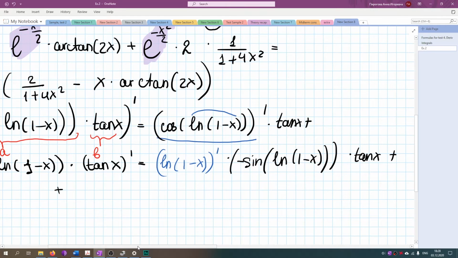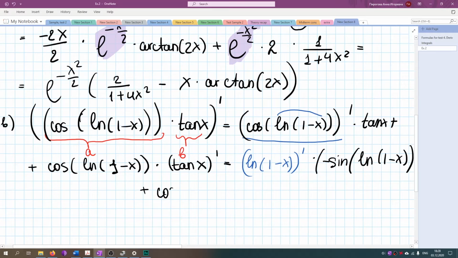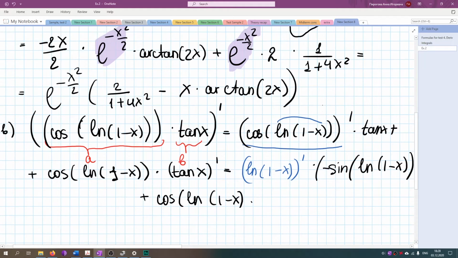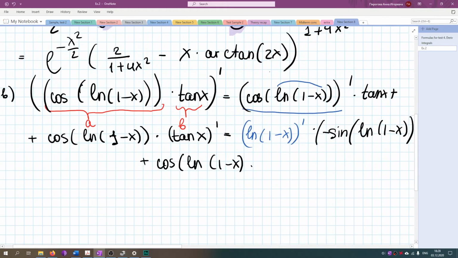Then we will rewrite our expression, and speaking about the derivative of the function tangent of x, it says that it is 1 divided by cosine squared x.